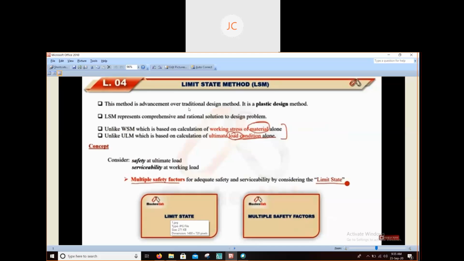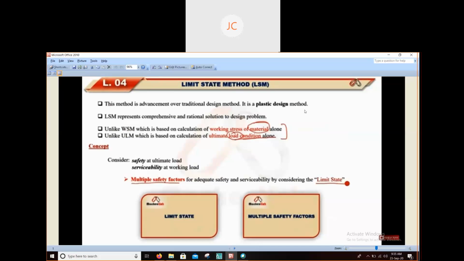This is an advancement over the traditional design method, and it is also known as plastic design method, because in limit state method we will consider the plastic region also. Plastic region means after putting the load, for some time you won't see any deformation in that structure.